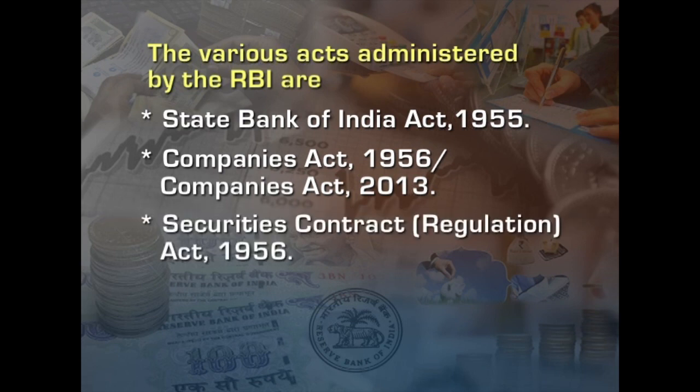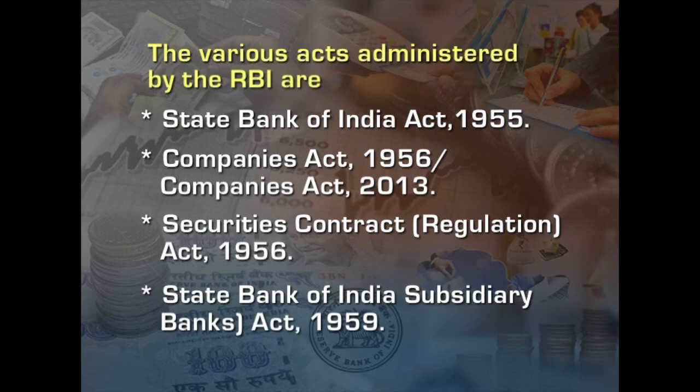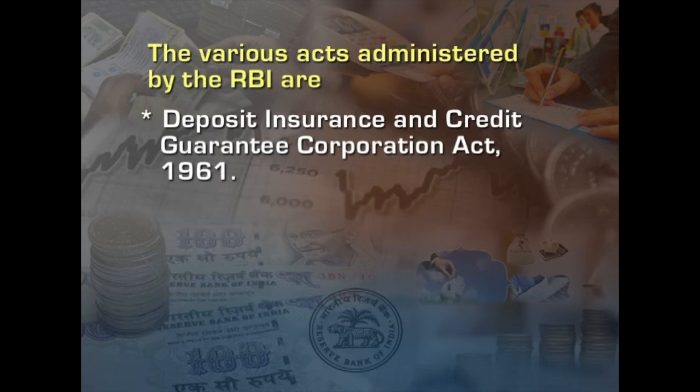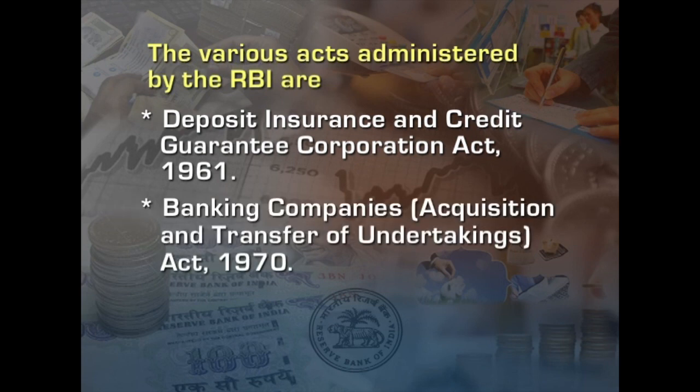Securities Contract Regulation Act 1956. State Bank of India Subsidiary Banks Act 1959. Deposit Insurance and Credit Guarantee Corporation Act 1961. Banking Companies Acquisition and Transfer of Undertakings Act 1970.